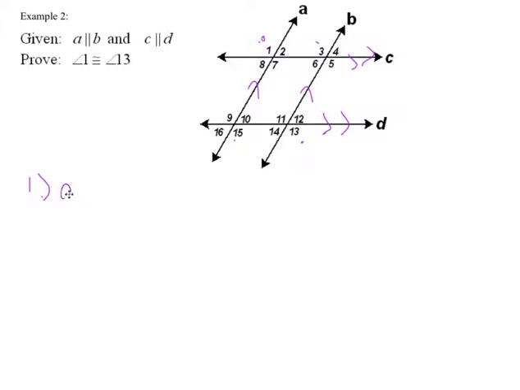Let's see. I'm going to start with A being parallel to B. And based upon that fact, I'm going to say everything I know in the way that I want to go. All right, if I know A is parallel to B, I can see that angle 1 has to be congruent to angle 3 because they're corresponding angles. So I'm going to say they're corresponding angles.